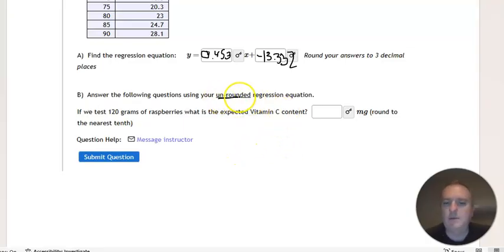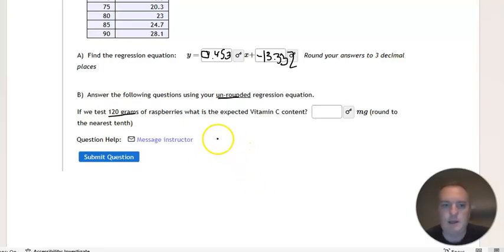So when it says unrounded, it means that you really shouldn't round in the middle of a problem. So it wants us to take the full regression equation from our calculator. We're going to plug in 120 grams for the raspberries. The raspberries are the X variable, and then solve for Y.